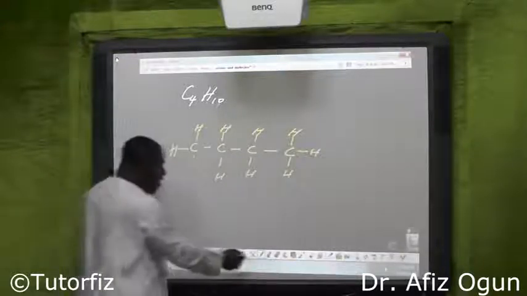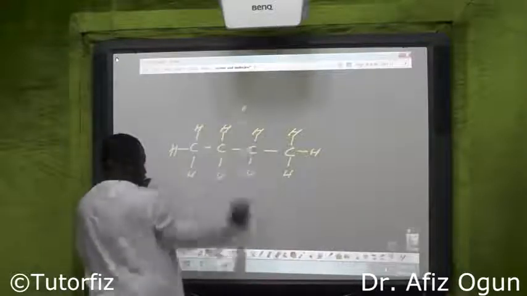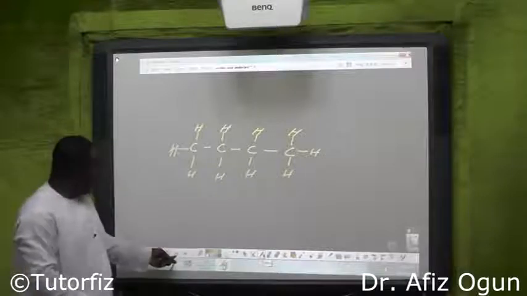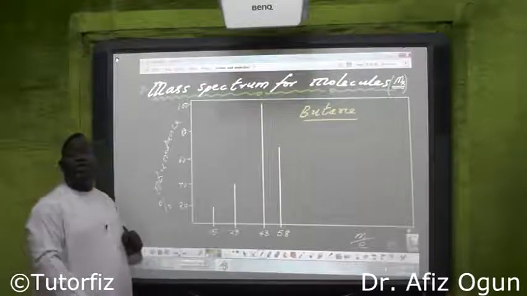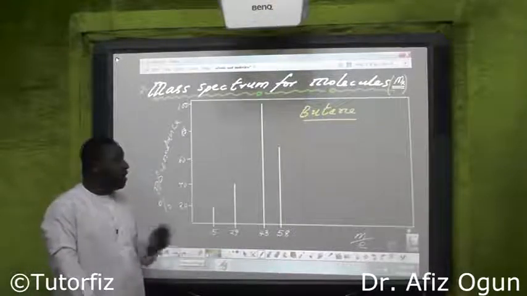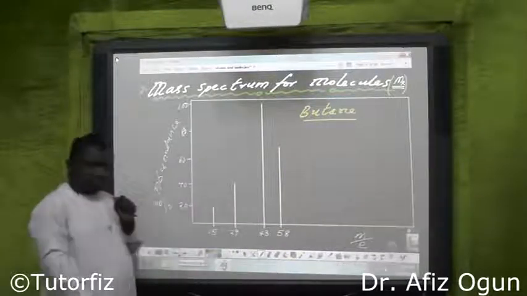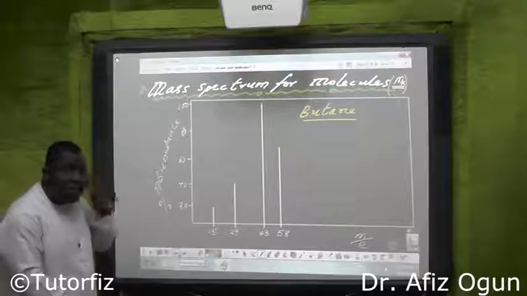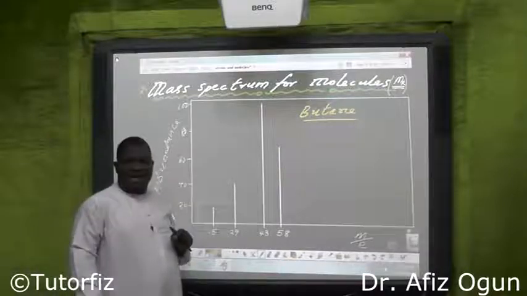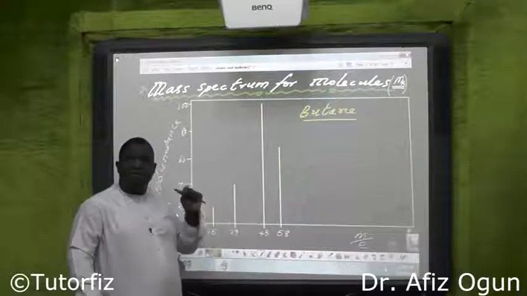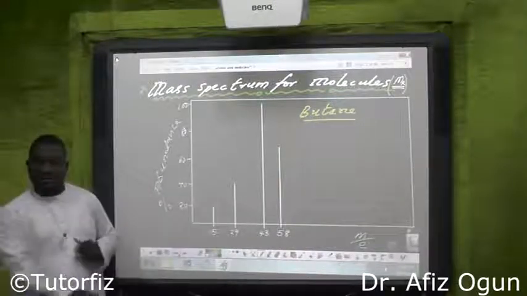Butane is an alkane, a saturated hydrocarbon. Now, when you pass it through the mass spectrometer, this is the spectrum you are getting. For a molecule, we are not making any calculation. We are looking for the molecular peak, not the atomic peak this time around.